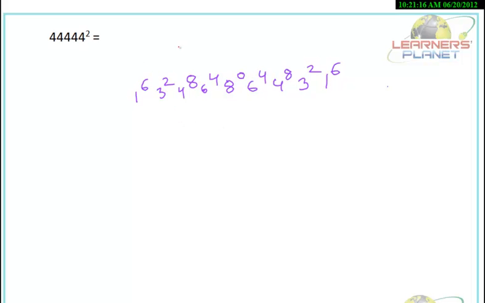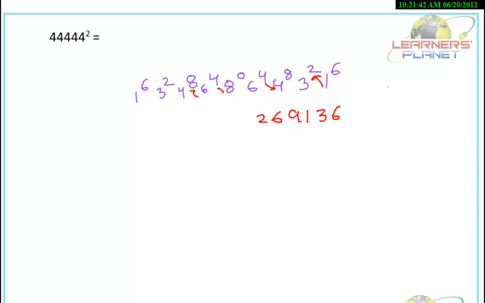It's 6, then 2 plus 1, 3, 3 plus 8, 11, 4 plus 4, 8 and 1, 9, then 6 plus 0, 6, 8 plus 4, 12, we'll write 2 and 1 will be carried.